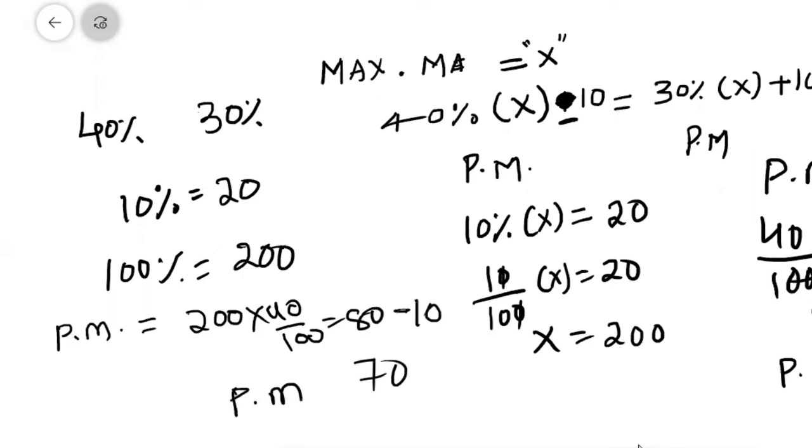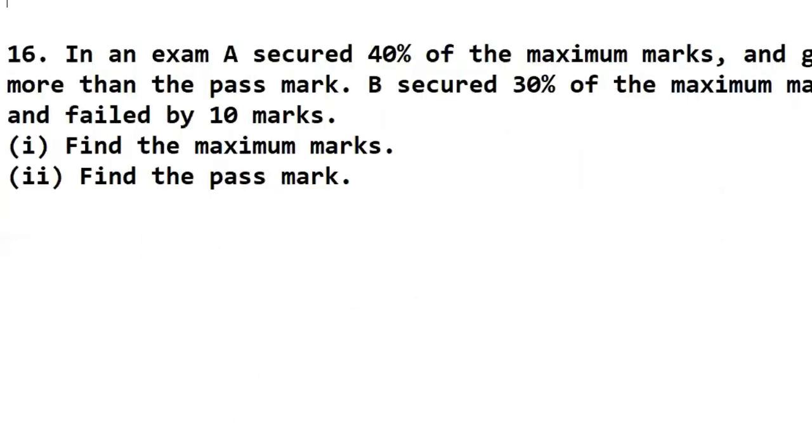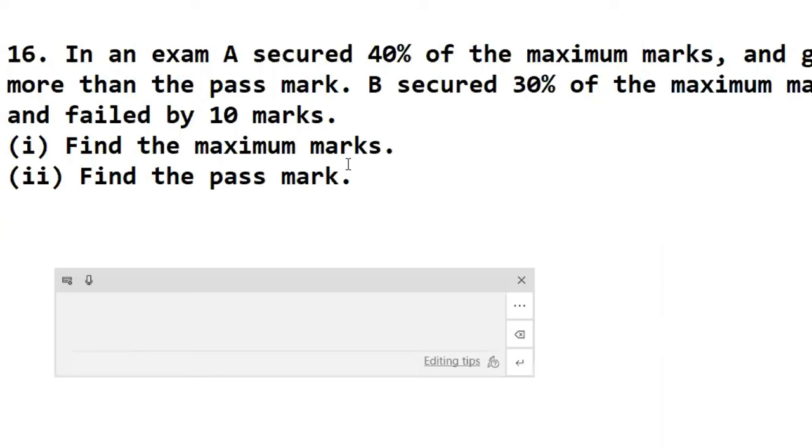So the pass marks are 70. This is your method 1, and this is your method 2. This is how you can get your answer. Okay, let's go to the next question.